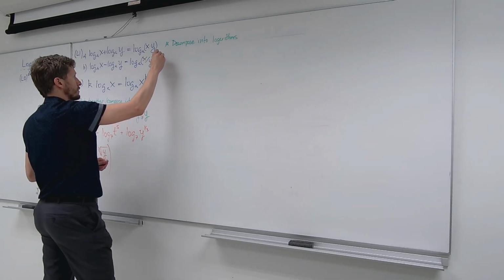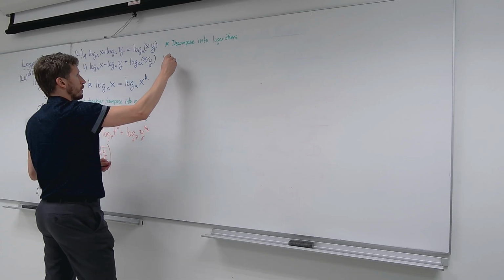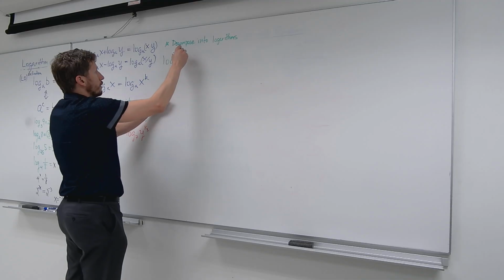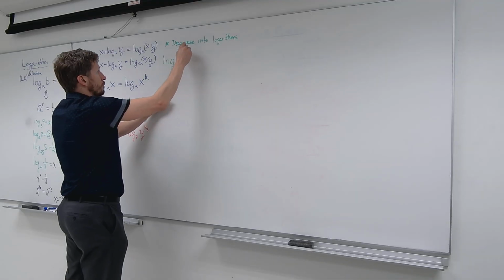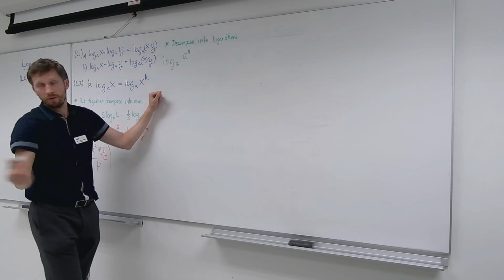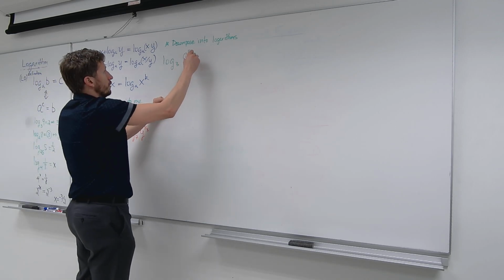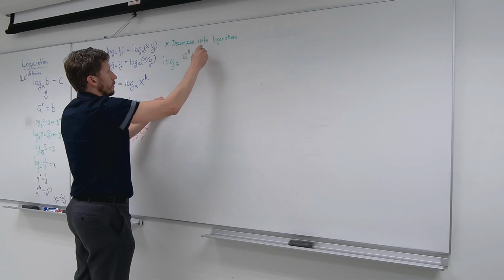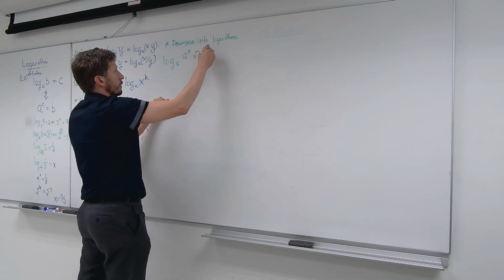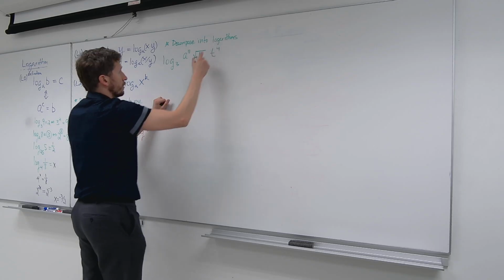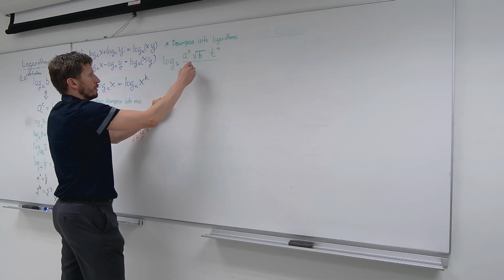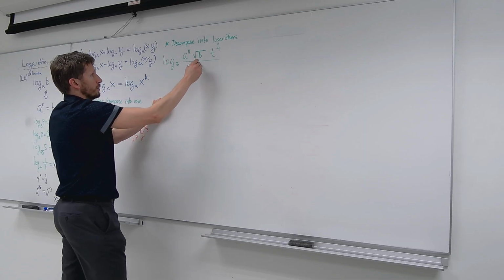Let me give you a little trickier one. So log base 3 of a to the 11th, the square root of b, t to the 4th, all over 9, x to the power of 3.